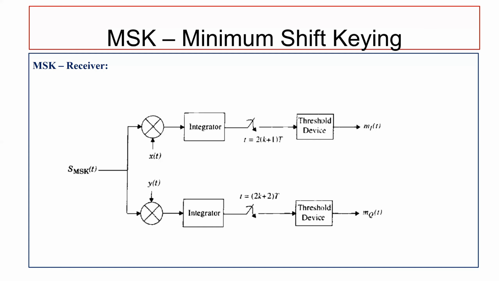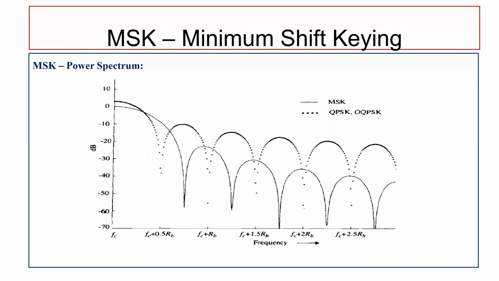The bandwidth of MSK is equal to 1.5 Fb, which is higher than your QPSK signal. So this is the power spectrum. This power spectrum shows that MSK has a higher spectral efficiency compared to QPSK and OQPSK, because it has a low raised cosine filter ratio, which will be discussed in GMSK also.